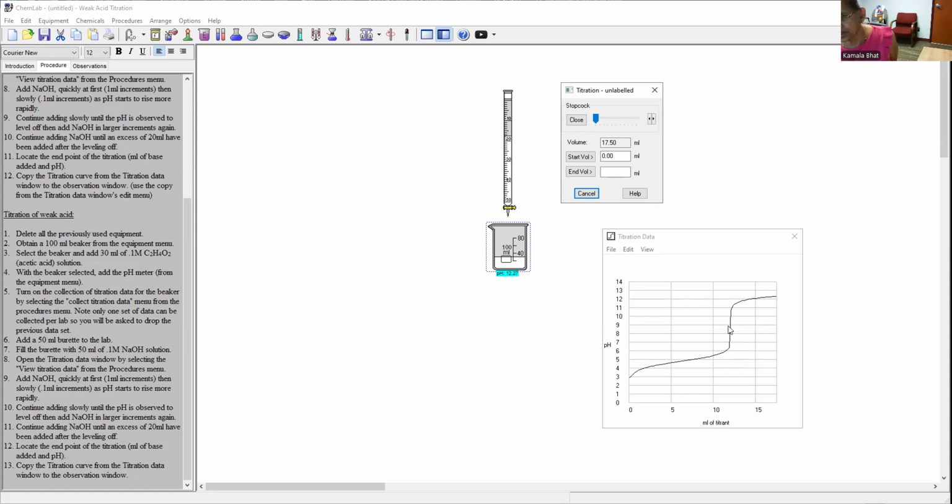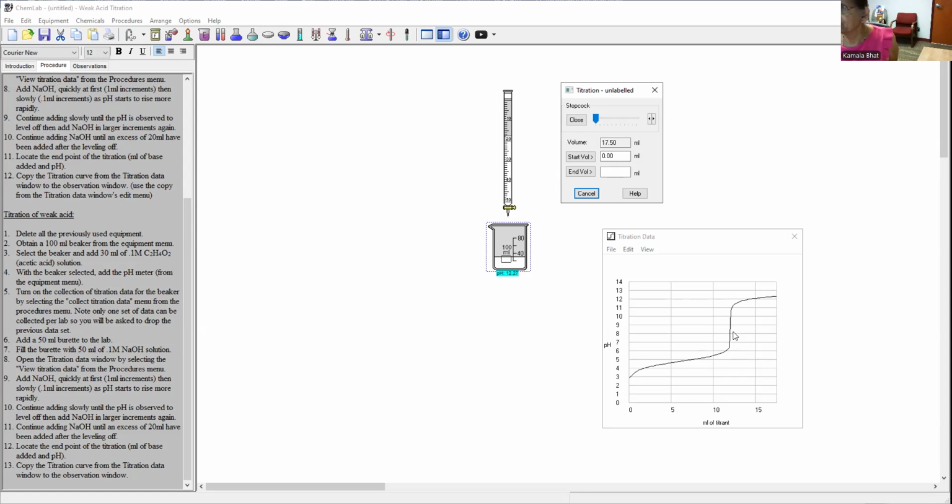Now you can see this is a slanting curve and it is still an S-shaped curve. So looking at the direction of the S as well as the nature of the curve, it is possible to identify what the titrant is and what type of titration you are doing.